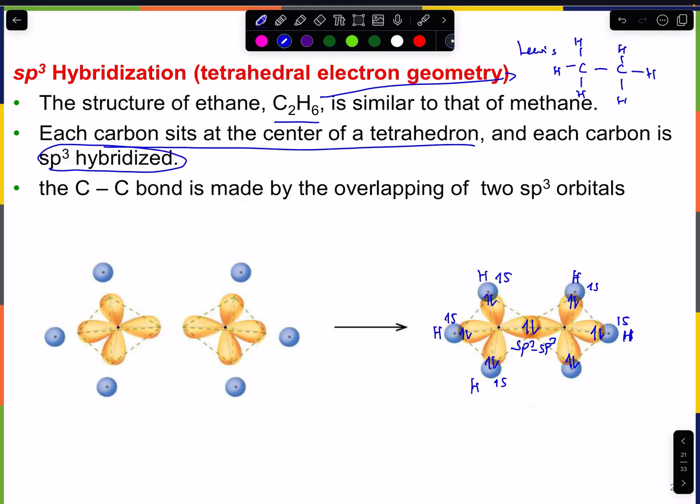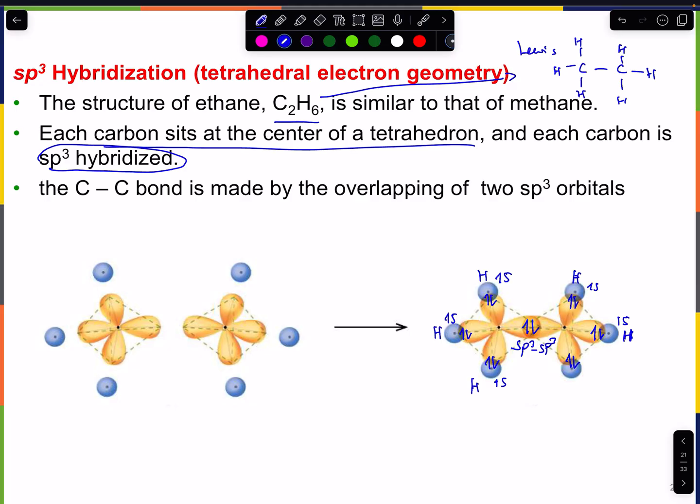Well, I want to write something here. For common atoms, the sp3 hybridization will appear when we have, for instance, carbon making 4 bonds, or when we have oxygen making the 2 single covalent bonds with the 2 lone pairs, or when we have nitrogen making 3 bonds with 1 lone pair.